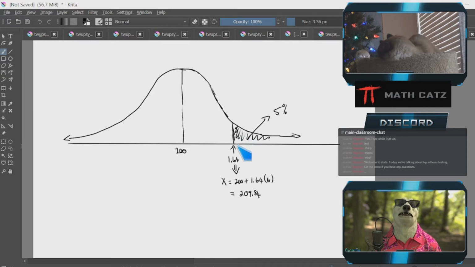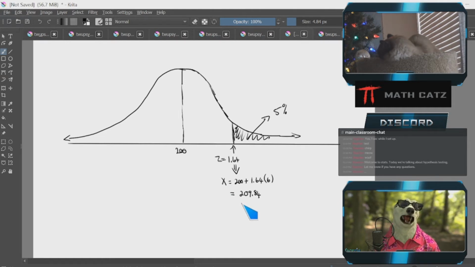So when I look up my table, I get a z-score of 1.64, that corresponds with a 5% alpha. If I then see what is the raw score that corresponds to that, I see that is 209.84.